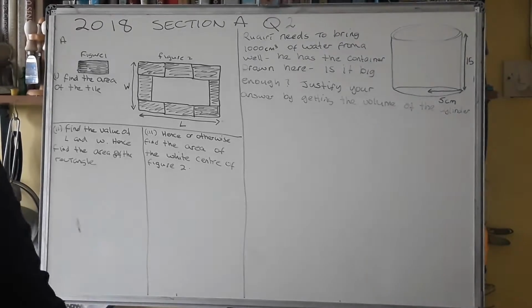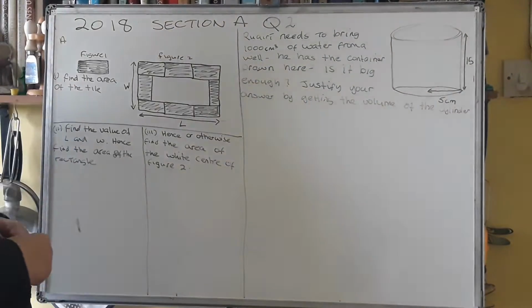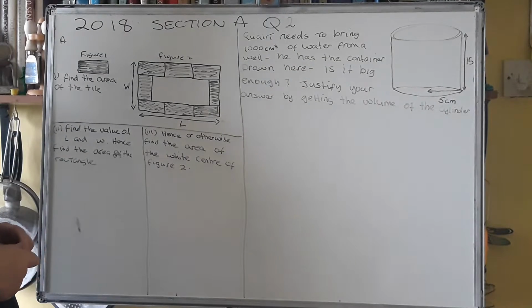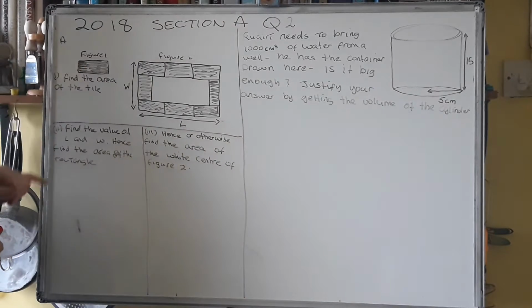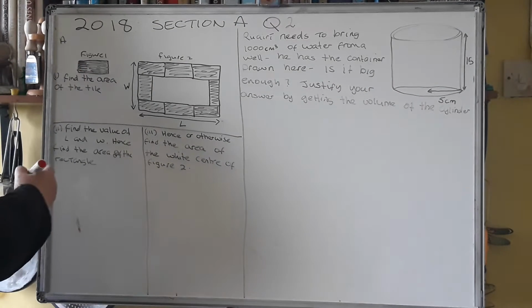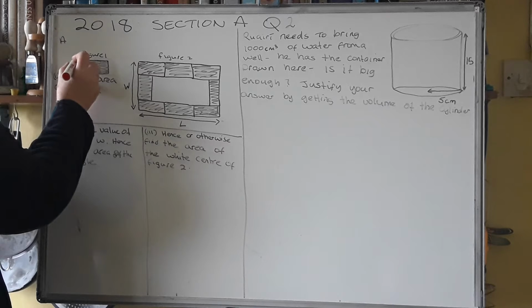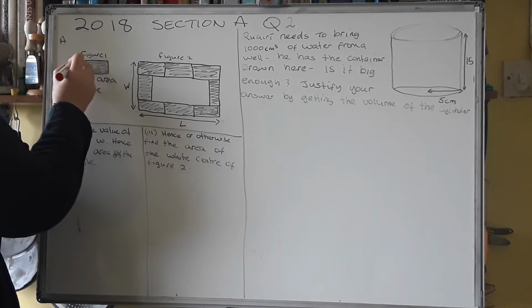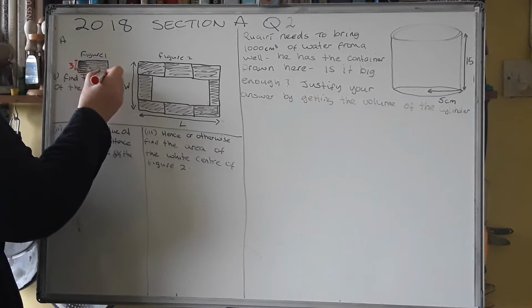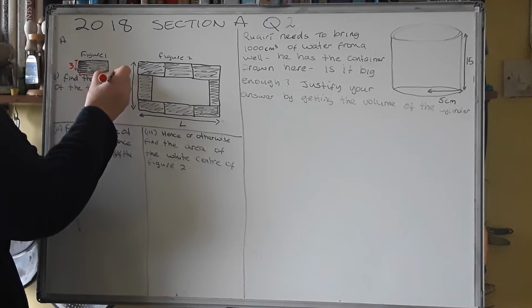Okay, this is the Foundation Level Maths 2018 paper, section A, question 2. So you have, first of all, a rectangular block that is 3 centimetres by 8 centimetres.